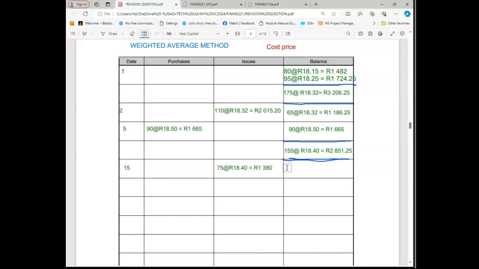So then it's going to be 80 units. Price at 18 rand 40. The new amount is 1,472.